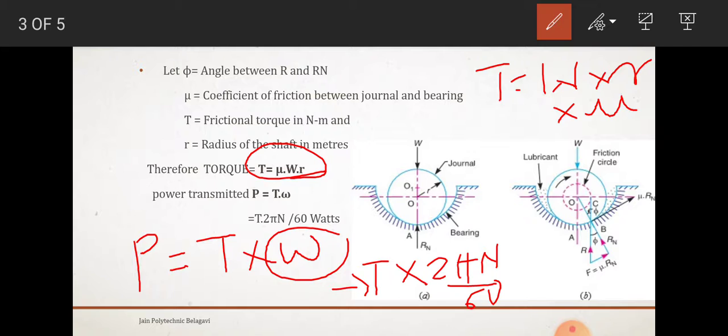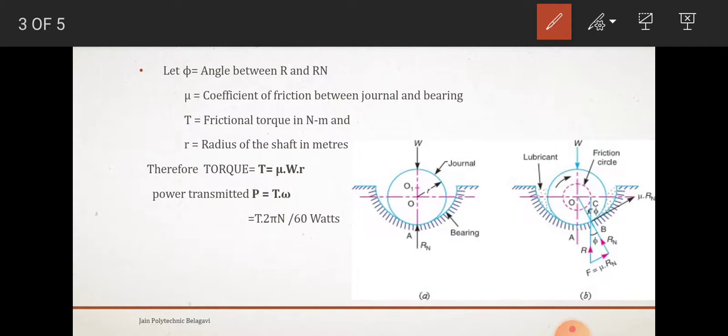N is the speed with which the journal or shaft is rotating about the axis inside the bearing. So this is the formula to be used for the calculation of the power transmitted in the case of the journal bearing. I hope it is clear.